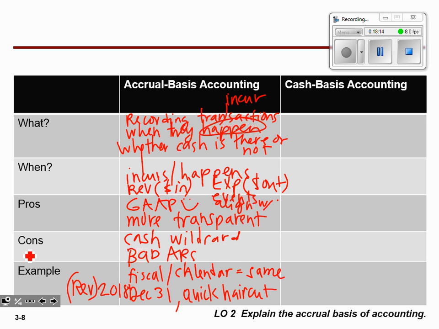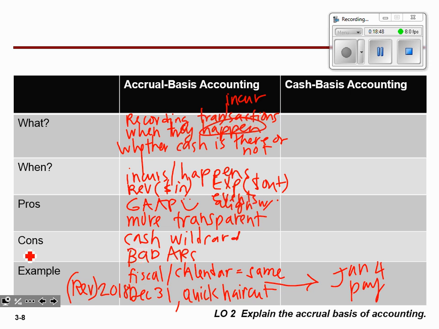Let's take the same story down here. Under cash basis accounting, it's like that haircut never happened. Rather, let's say on January 4th, and oh, how was your New Year's Eve? Great. How was mine? Great. By the way, here's my money for my haircut. Let's say on January 4th, they show up to pay. Under cash basis accounting, those books are not going to look like that person had a haircut until January 4th, because we're not going to record anything until they pay us.